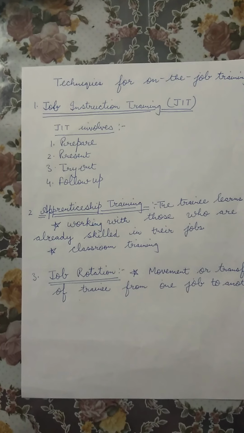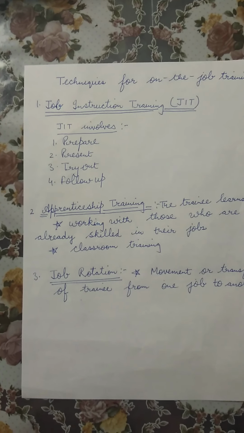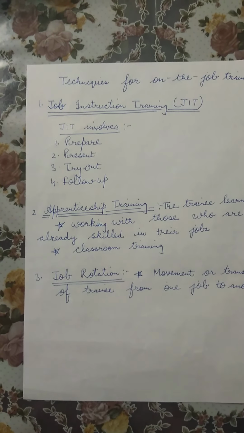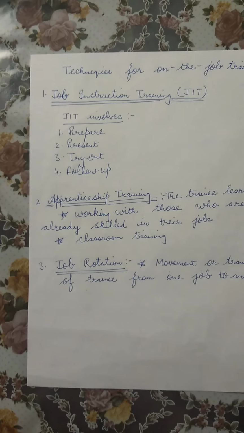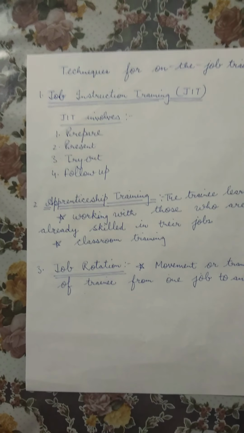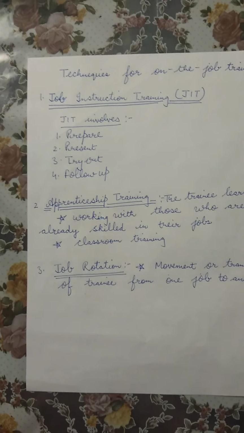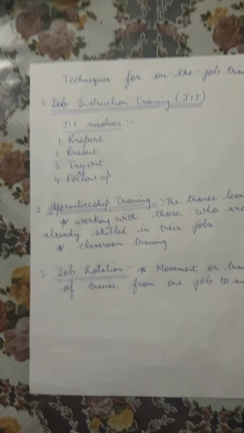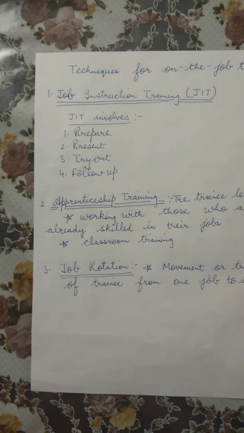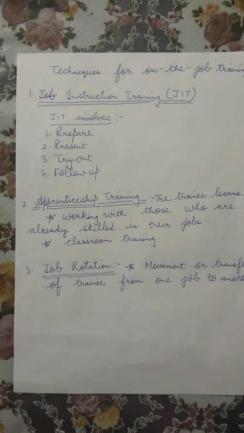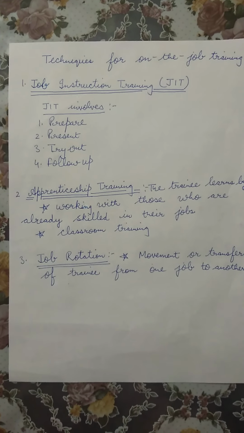This type of training, the apprenticeship training, is also called classroom training because in this case the focus is also on the theory and only then is the job tryout given. The trainee gradually learns the skills of the job.